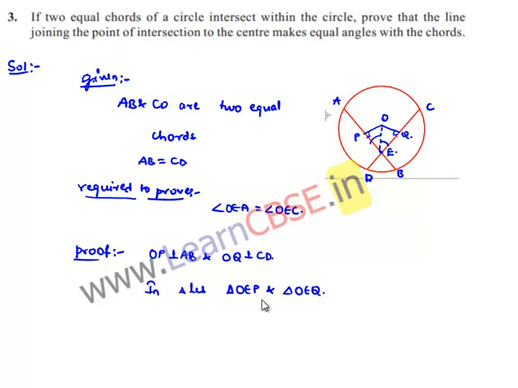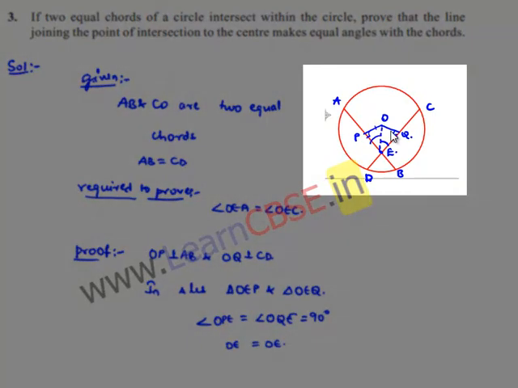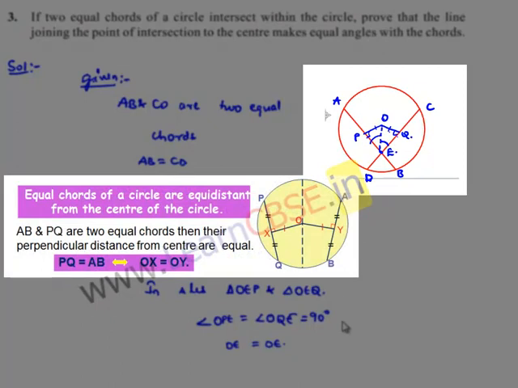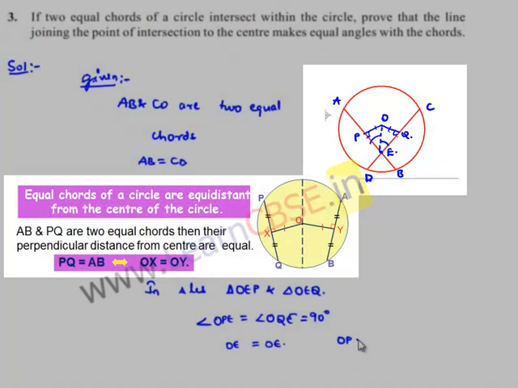In triangles OEP and OEQ, angle OPE is equal to angle OQE is equal to 90 degrees, and OE is equal to OE, since it is a common side and also the hypotenuse. We know that chords of equal length are at equal distance from the center, so OP is equal to OQ.